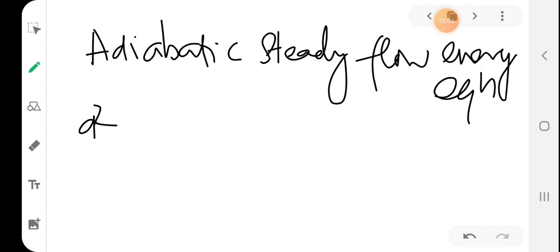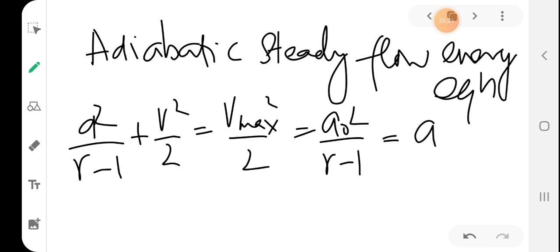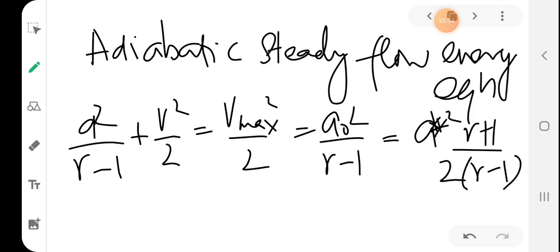That equation was like a square by gamma minus 1 plus v square by 2 is equal to v max square by 2 is equal to a0 square by gamma minus 1 is equal to a star square, critical acoustic velocity, into gamma plus 1 by 2 into gamma minus 1. So such equations were there.